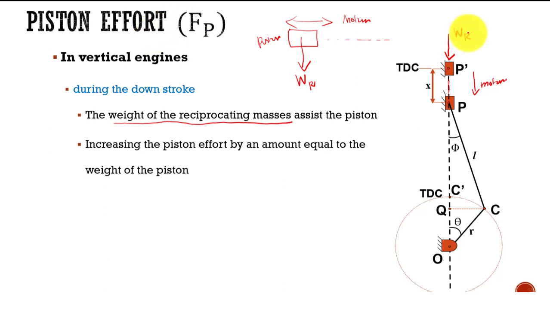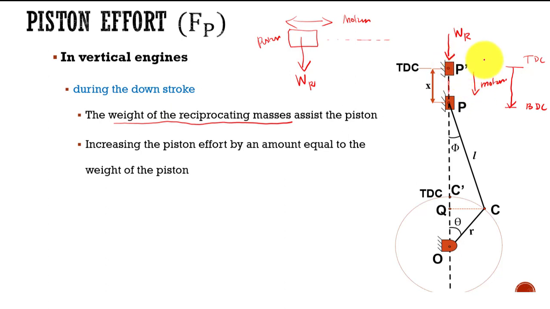Here I'm just taking it as a two stroke. First, the piston is just moving from this point to this point, that is from the top dead center to the bottom dead center. It is the downstroke. During the downstroke, the weight of the piston assists the motion, because it is also acting in this direction, and the motion is also in this direction.